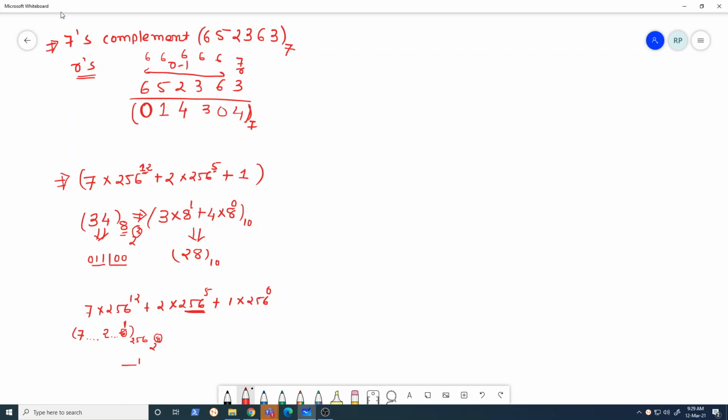Then at the positions in between we have 0, so they will be all 0, 8 bits of 0. This 2 means 1 0, and the rest 6 bits will be 0. And 7 is 1 1 1, then the remaining 5 bits will be 0. So this will contribute to your number of ones. So how many ones are there? 3 and 1 and 1, so 5 ones are there.